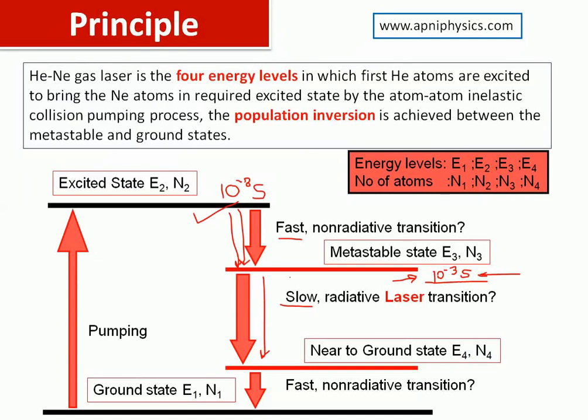Now the population inversion is achieved between these two states, right? As you know, in general the number of atoms is more in the ground state, right?